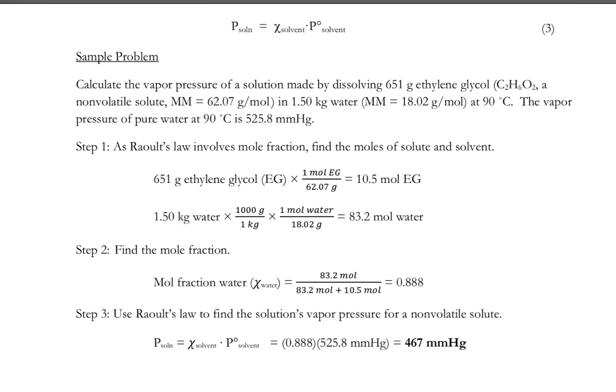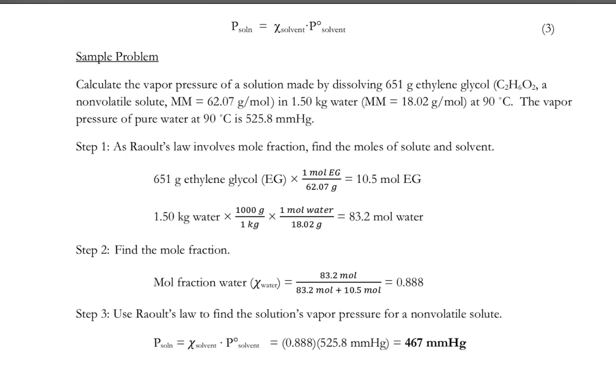1.50 kilograms of water. We first convert from kilograms to grams, and then we use the molar mass of water, grams in the bottom. So we end up with 83.2 moles of water. Then we find the mole fraction of the solvent. So bear in mind, it's not the solute, it's the solvent.